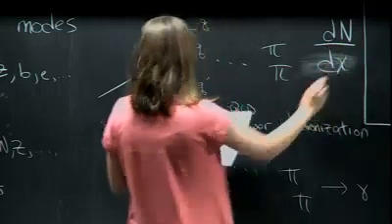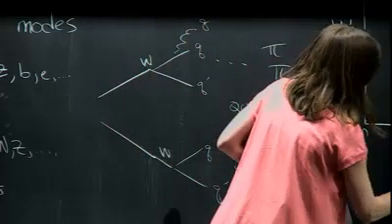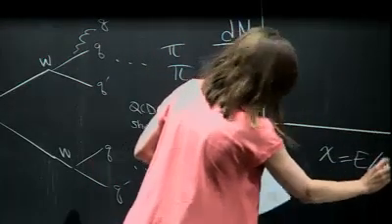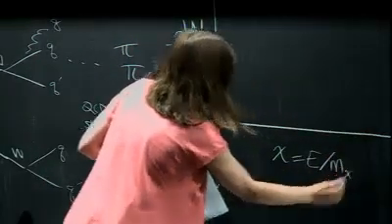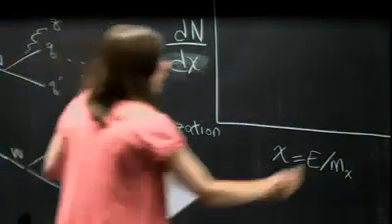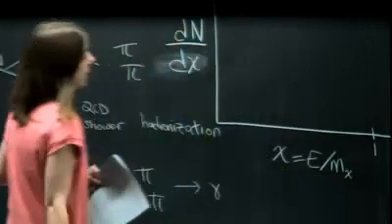If I make a plot of photon spectrum where I'm plotting this in terms of energy of the photon divided by mass of the dark matter, and this is 1.